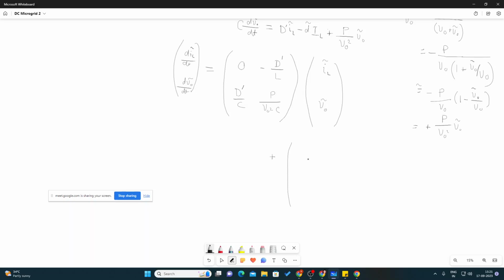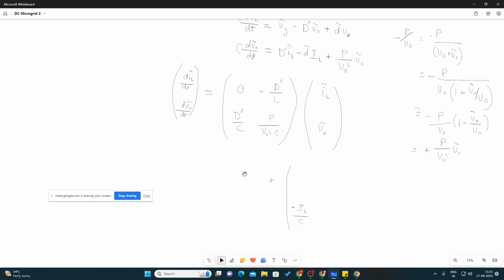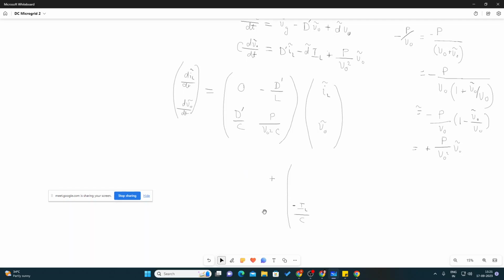In the second case we have IL by C, minus IL by C, and in the first case V0 by L, times D tilde, plus 1 by L and 0 times Vg tilde.